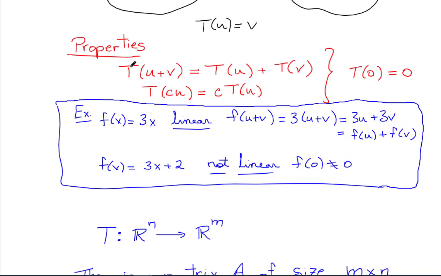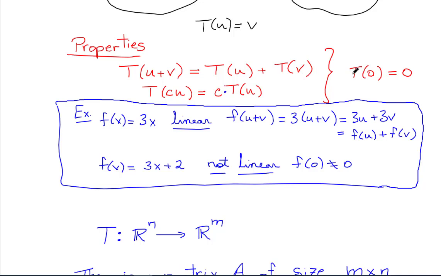T of a sum must be splittable as T of each of the pieces. So again, that must be true. And T of a scalar multiple of this vector u is equal to c times T of u.